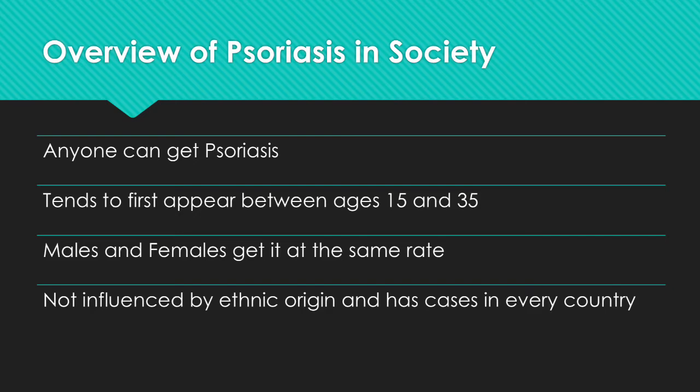Males and females tend to get it at the same rate, although there have been cases where males have a higher rate of psoriasis in some areas, but tend to be pretty close in range. Also, psoriasis is not influenced by ethnic origin, so different races and cultures, and there's cases of psoriasis in every country.